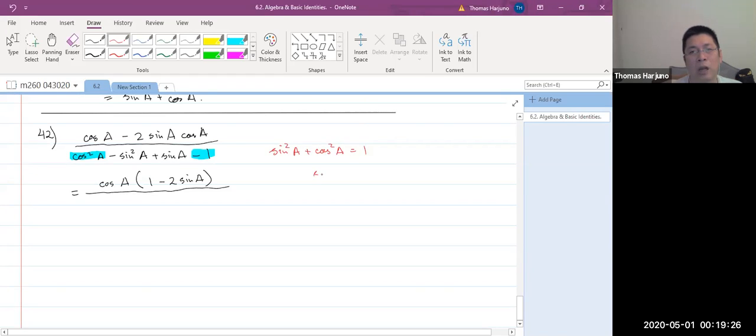So sine squared A equals 1 minus cosine squared A. Is it right? So what is cosine squared A minus 1? Negative sine squared A.